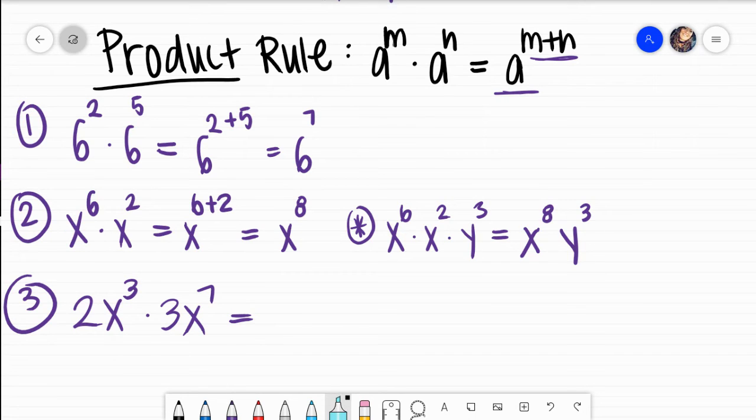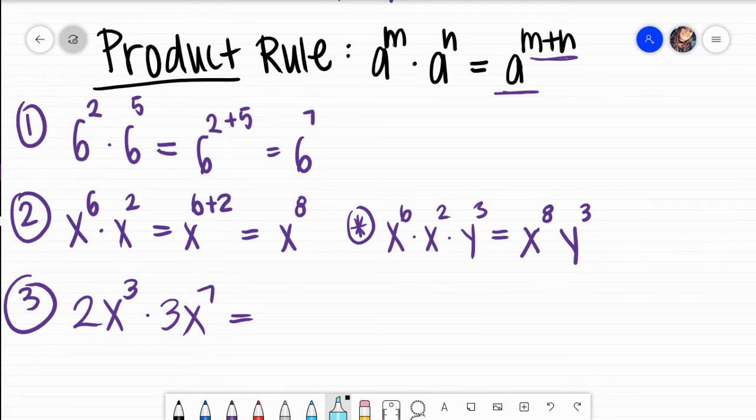You would not look at the 2 and the 3 and say, oh, those aren't the same, I can't do anything. The product rule is applied to your x cubed and your x raised to the 7th power. Those are the exact same variable. What you do is you keep your variable and you add your exponents.